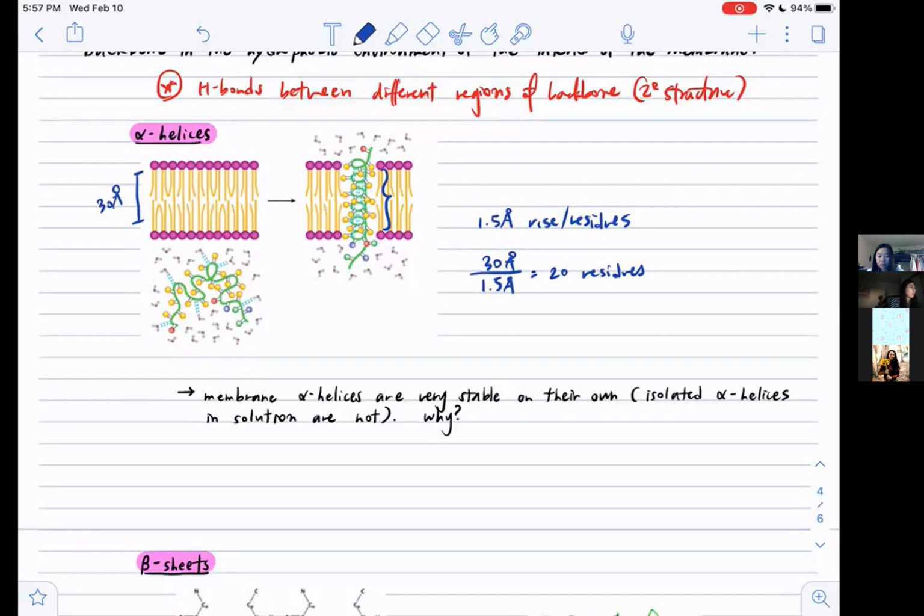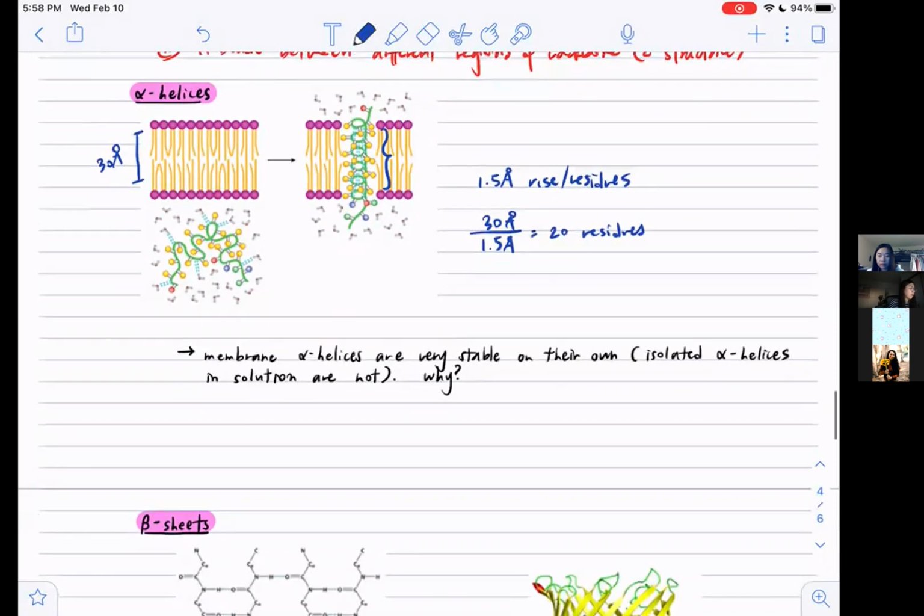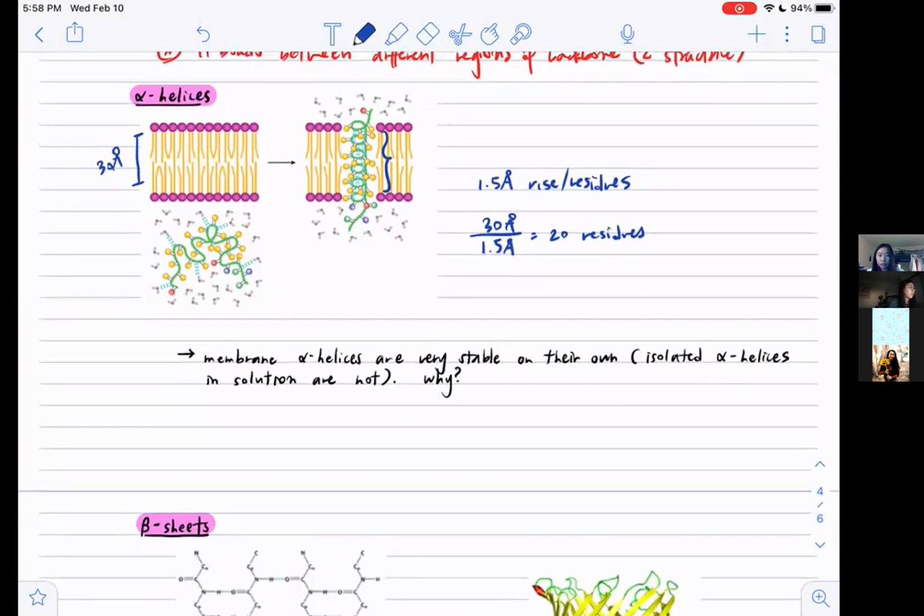Okay, and Andrea already talked about why membrane alpha helices are more stable on their own, I think, as compared to isolated alpha helices in solution. And the reason is that an alpha helix in solution has competing hydrogen bonding partners.